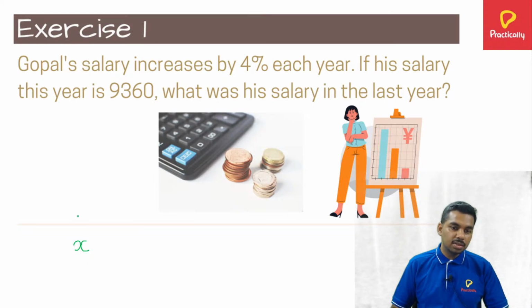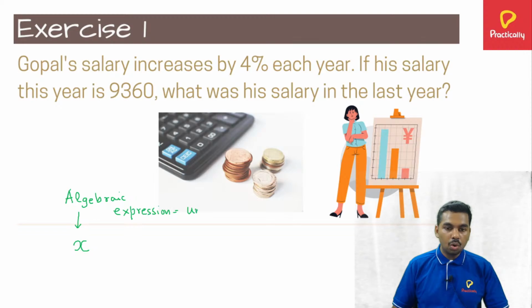X, we call this an algebraic expression. An algebraic expression just means an alphabet which is either an unknown or a variable. So let us assume Gopal's salary last year was X. Now the salary has increased by 4%.